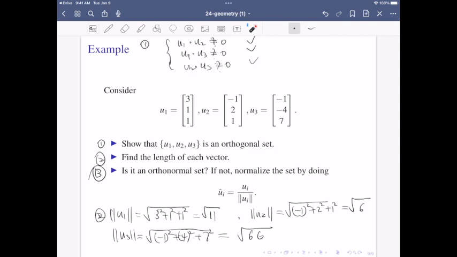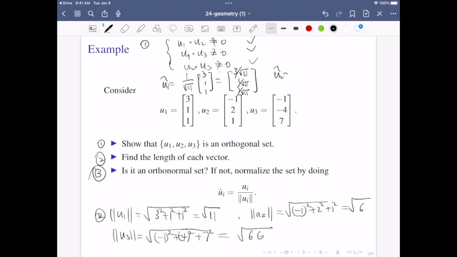So we can write U1 hat as 1 over the square root of 11 times (3, 1, 1). This is the same thing as putting the square root of 11 in each denominator. So they are equivalent. It's up to you.